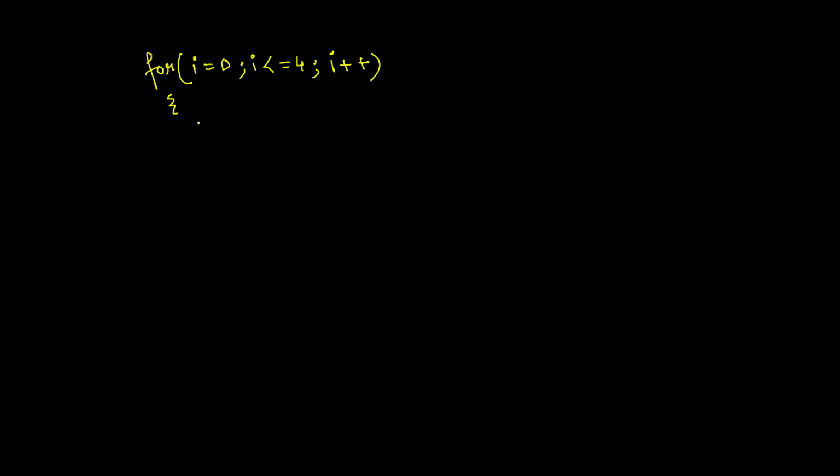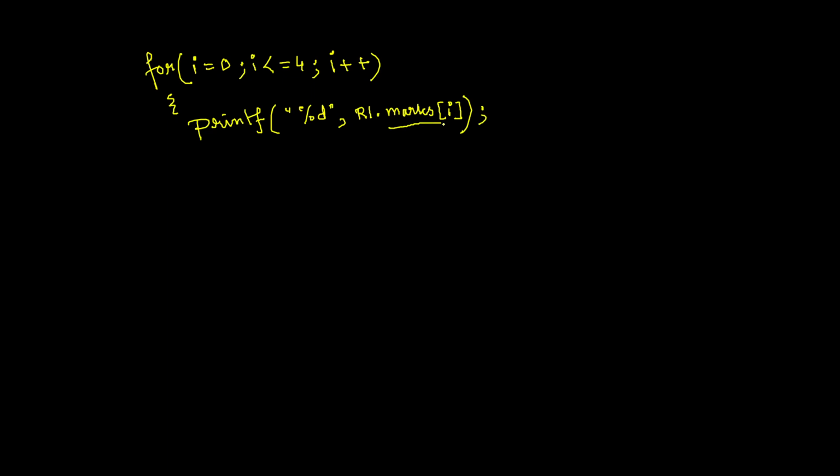I can write printf %d R1 dot marks of i, because marks is an array.